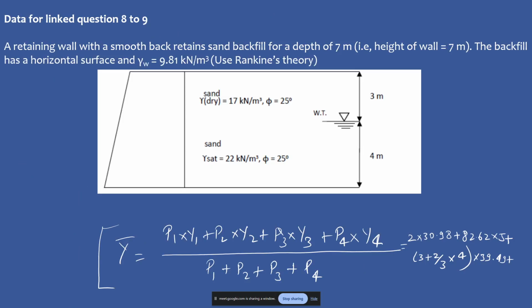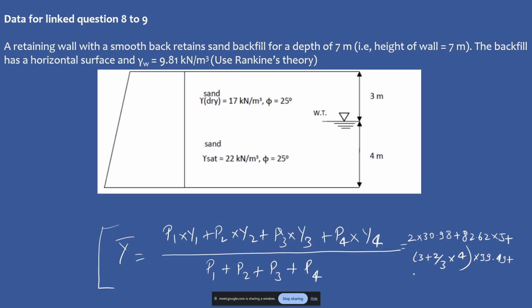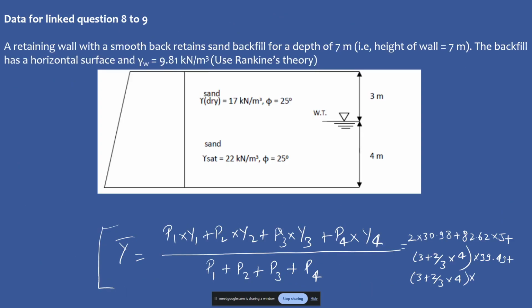Then P4 is acting at the same height, which is 3 plus 2 by 3 into 4, and the P4 value is 78.48. And then you have to take the sum of all these, so it's 30.98 plus 82.62 plus 39.49 plus 78.48.